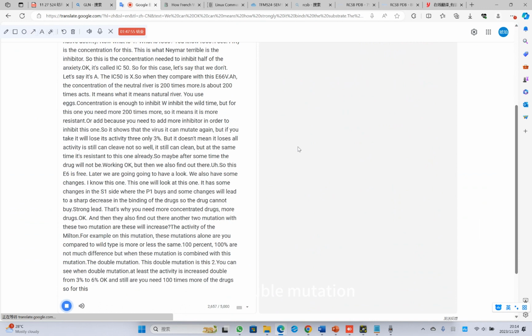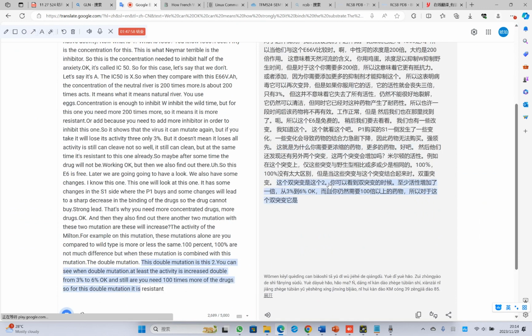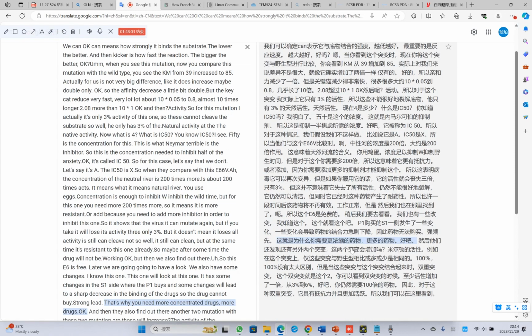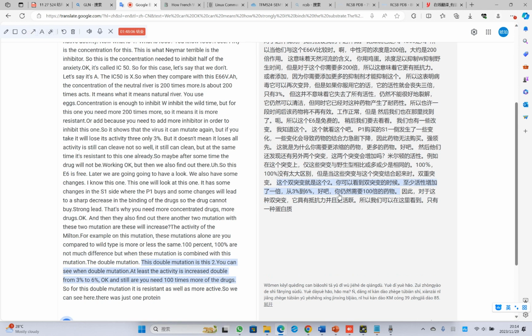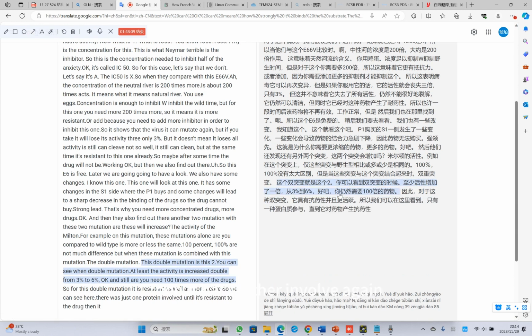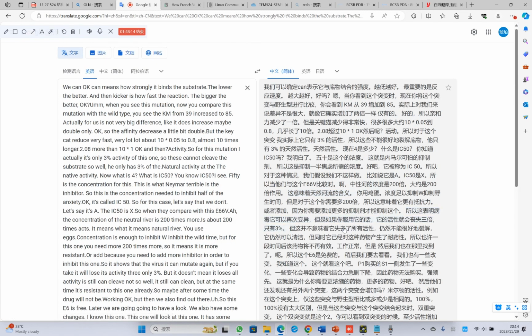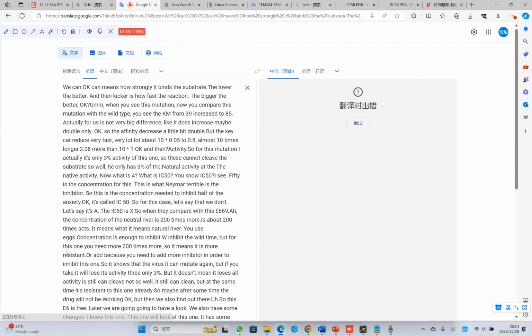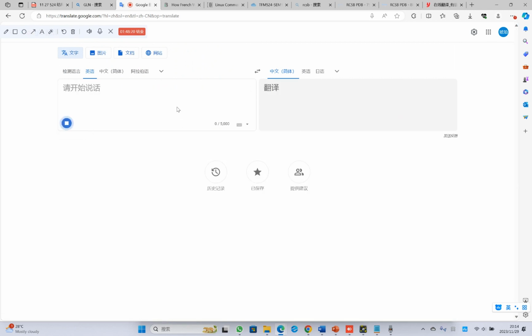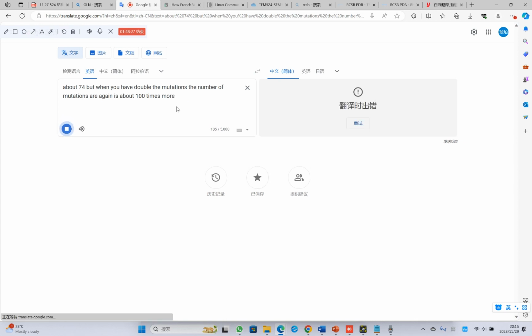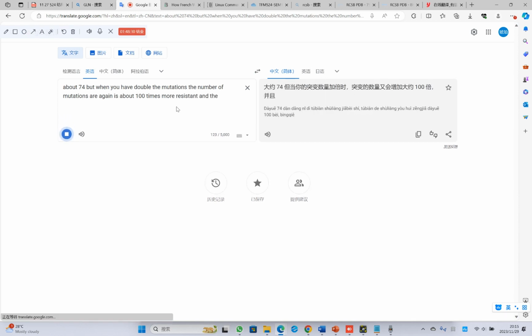So for this double mutation, it is resistant as well as more evolve until it's resistant to the drug, then it can further evolve again to increase its activity, extra activity. This mutation about 74, but when you have double the mutation, times more resistant, and the activity is also increased from this 3% to 6%.